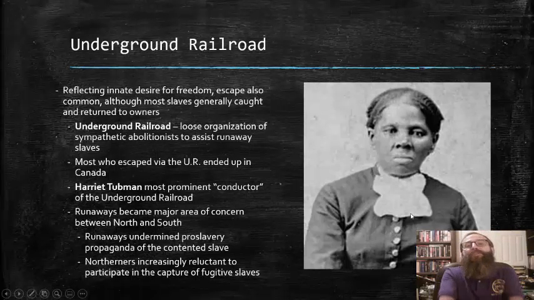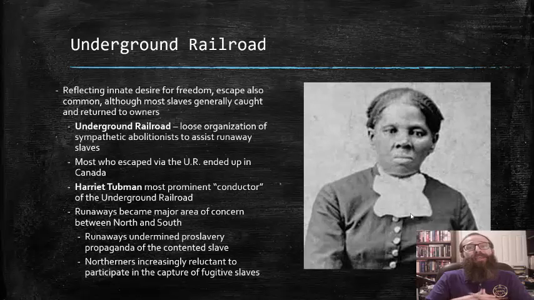Reflecting that innate desire for freedom that we discussed in the last section of this lecture series, escape or running away was also a common form of slave resistance in this period, although most slaves who attempted to run away were generally caught and returned to their owners. The Underground Railroad developed in this period as a way to facilitate the escape of the enslaved population from the South.